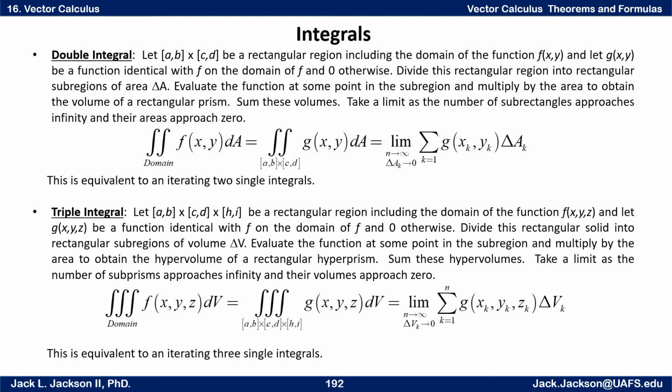Divide the rectangular solid into rectangular regions of volume delta V. Evaluate the function g at some point in the subregion and multiply by the volume. This gives us some sort of fourth dimensional hypervolume of these hyperprisms. Sum those and take a limit as the number of subprisms approaches infinity and their volumes approach 0. That's equivalent to iterating three single integrals.